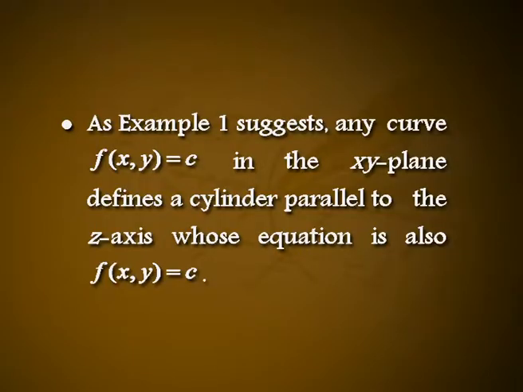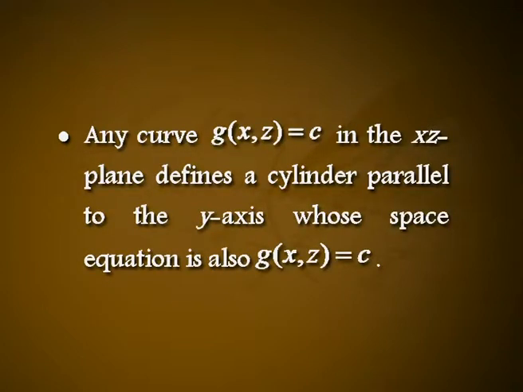In a similar way, we have the following. As example 1 suggests, any curve f(x,y) = c in the xy plane defines a cylinder parallel to the z axis whose equation is also f(x,y) = c.